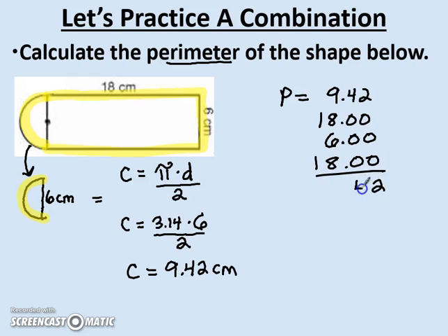So I get 2, 4, that makes 17, and this makes 14. 17 plus 14 makes 31, so I write down the 1, carry the 3, 3 plus 1 is 4, plus 1 more is 5. So the perimeter is 51.42 centimeters.